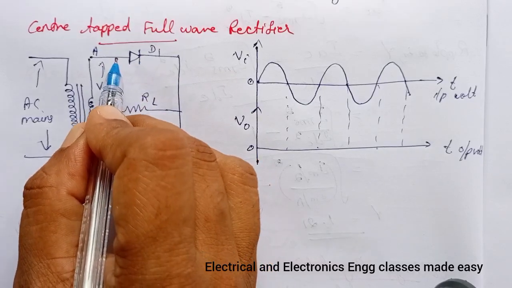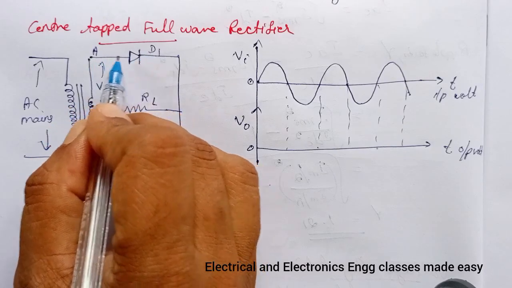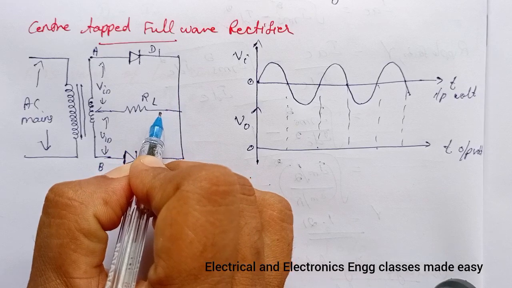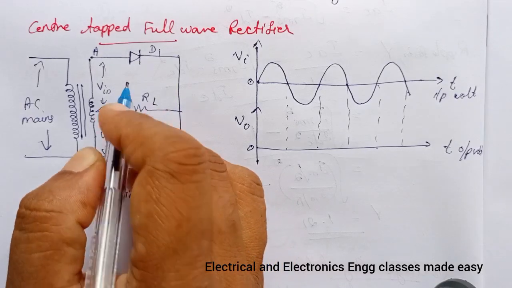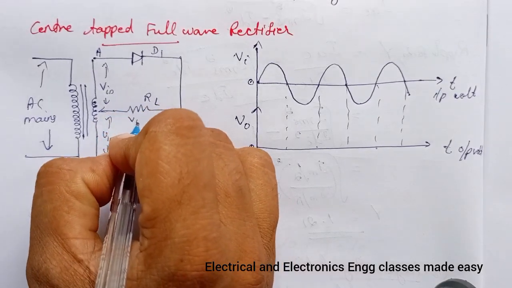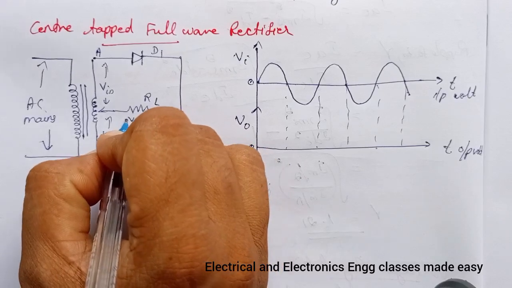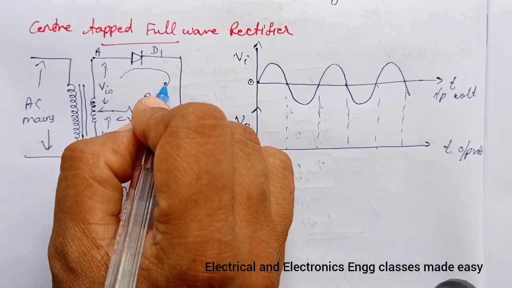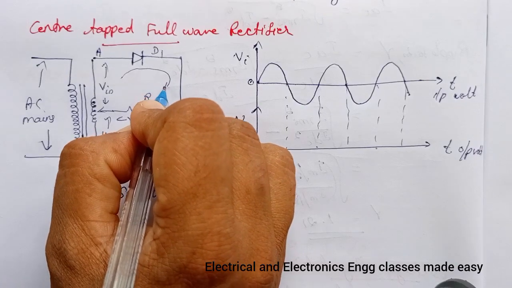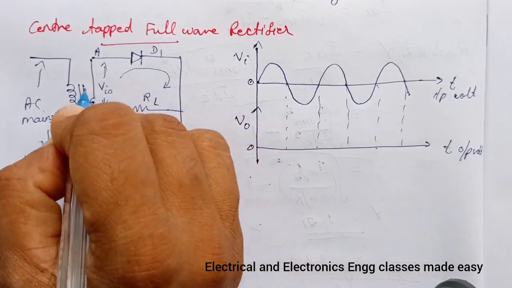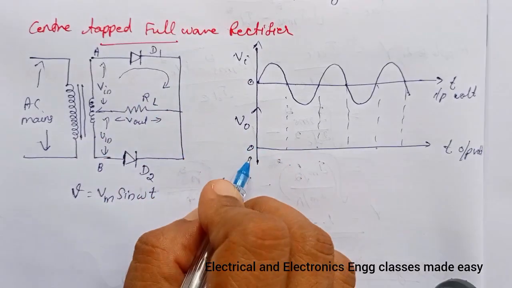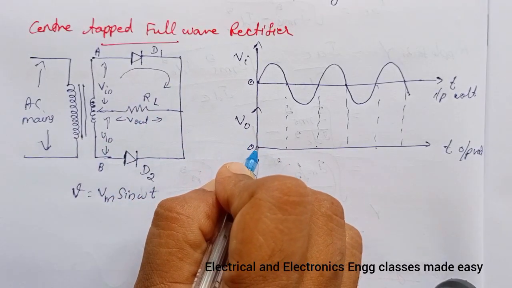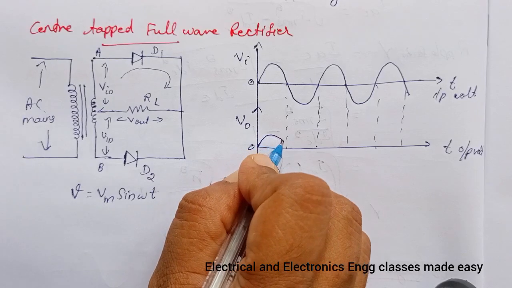The current therefore flows through the diode D1 and voltage is developed across RL. So Vout is across this RL. During the positive half cycle, diode D1 conducts, so current flows in this way and we get the output across RL like this.